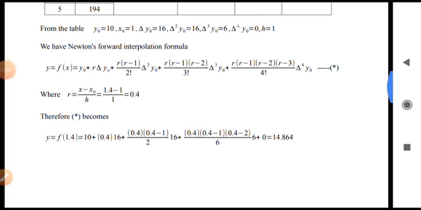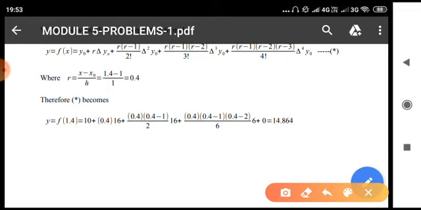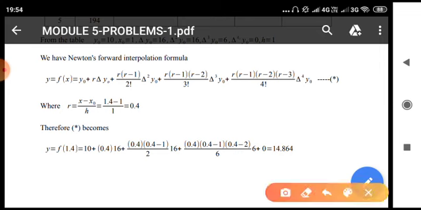Therefore, equation star becomes y equal to f of 1.4 equal to y naught is 10, plus r is 0.4, delta y naught is 16, plus r into r minus 1, that is 0.4 into 0.4 minus 1, divided by 2 factorial is 2, delta square y naught is 16, plus r into r minus 1 into r minus 2, that is 0.4 into 0.4 minus 1 into 0.4 minus 2 whole divided by 6, that is 3 factorial, into delta cube y naught is 6, plus delta to the power 4 y naught is 0.